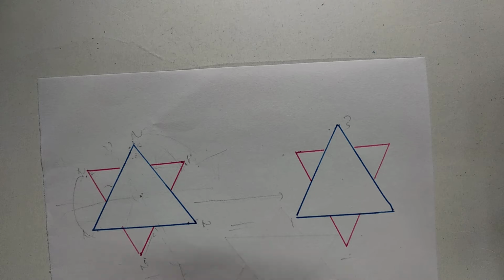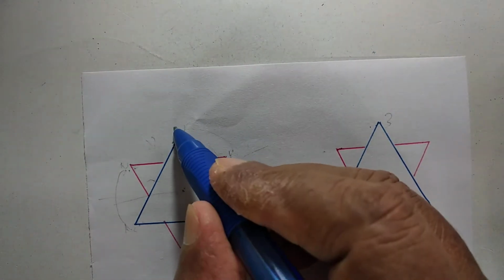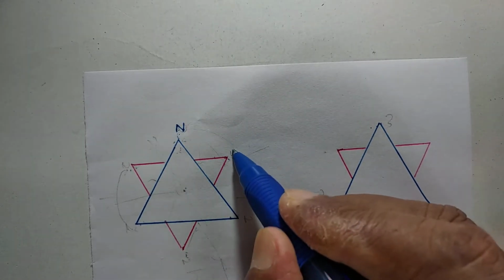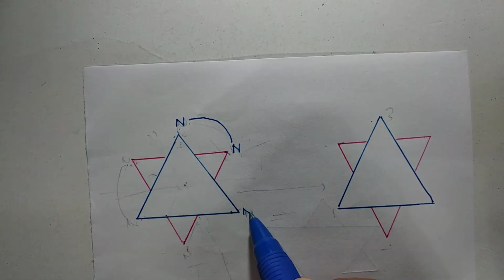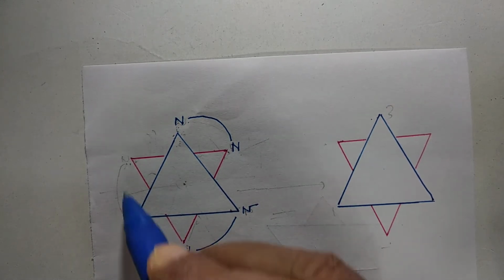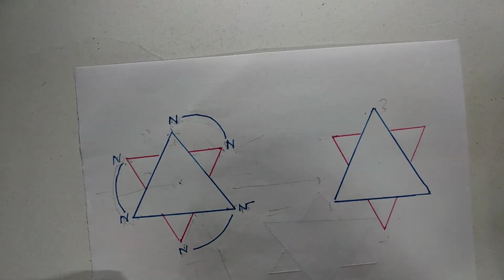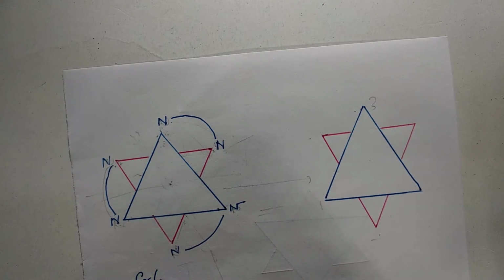In case of the tris complex, the donor atoms are like this, N, N. Then N, N, N, N. This is the structure of the tris ethylenediamine cobalt 3 plus ion.